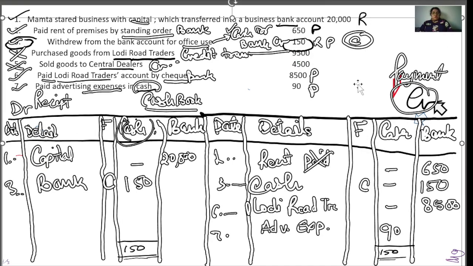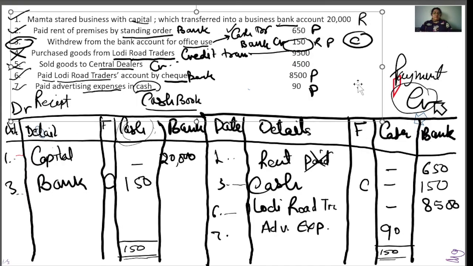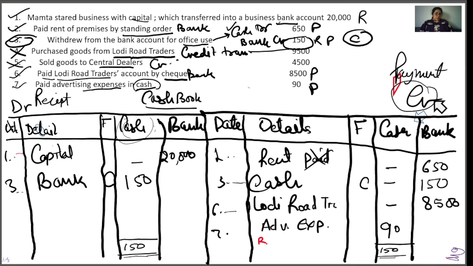So 150 will be the total. Fine. Now what is the difference? Difference is in the credit side. So I need to write down balance carried down on 31st. What is the difference between the debit and credit?